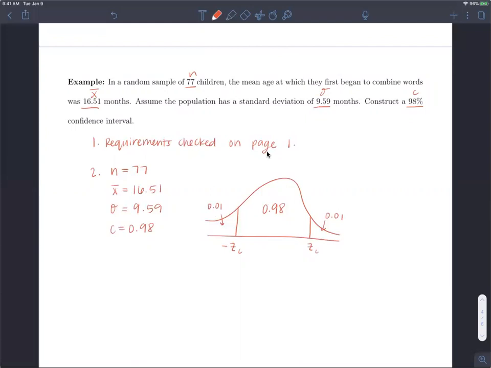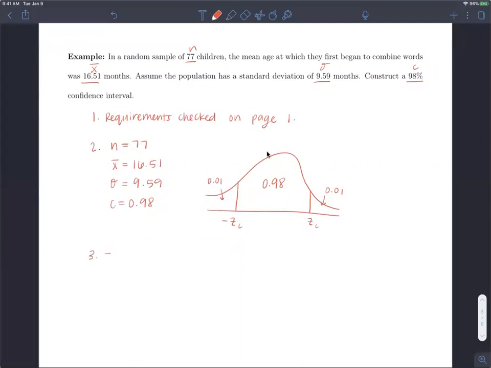But then I can use this picture on my third step. I'll find negative Z sub C first, and that's still going to be inverse norm. But what value am I going to put there now? Yeah, the 0.01.